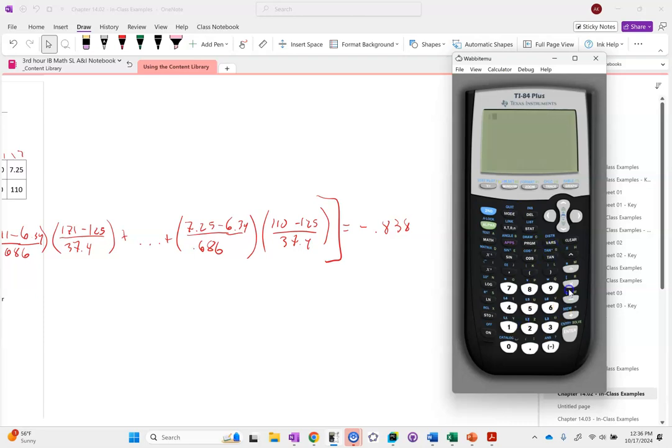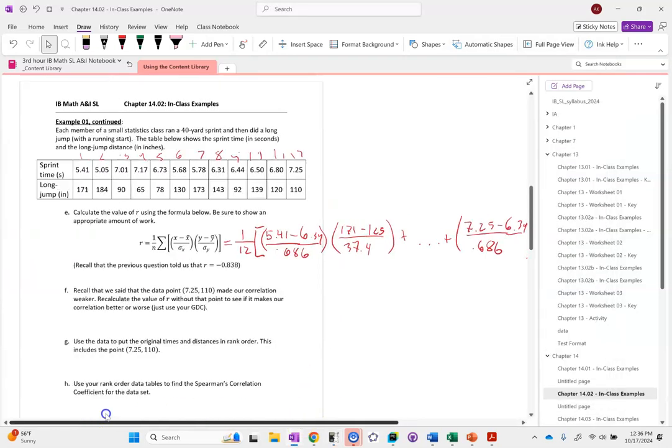So I'll do 1 over 12 times vars stat, and then sigma x. And there's the same negative 0.838. We'll do this again in practice, but that's the idea. Okay. We'll do this in the activity and stuff.